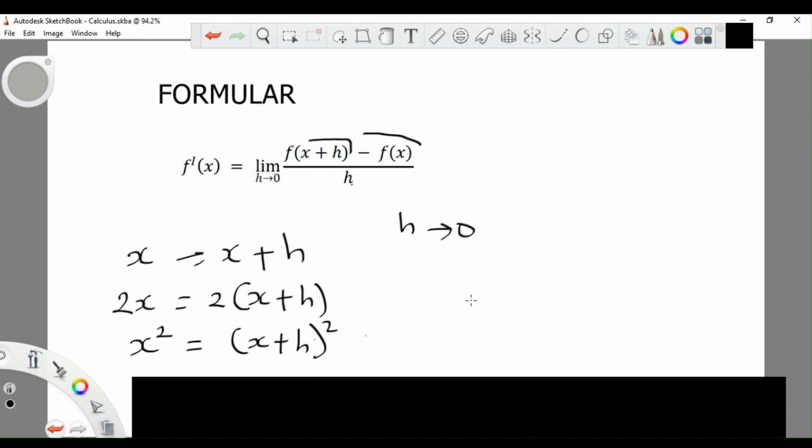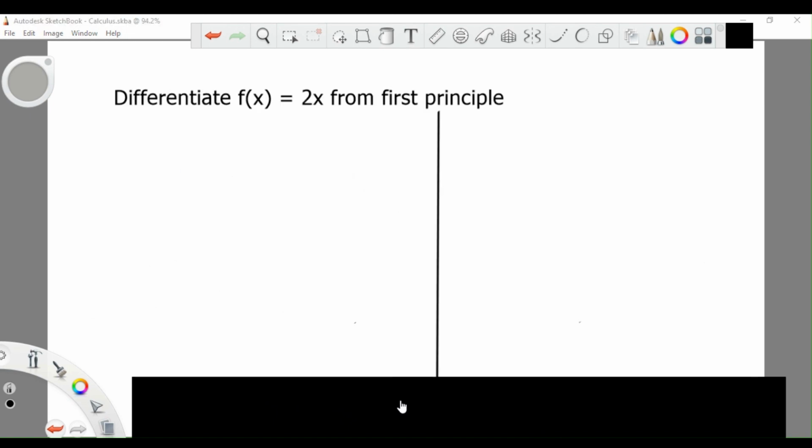I will show you 2 examples of how we can use this formula to differentiate from first principles. Here is our first question. We're asked to differentiate f of x equal to 2x. So how do we do this?